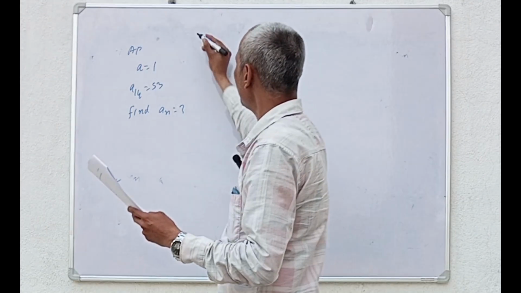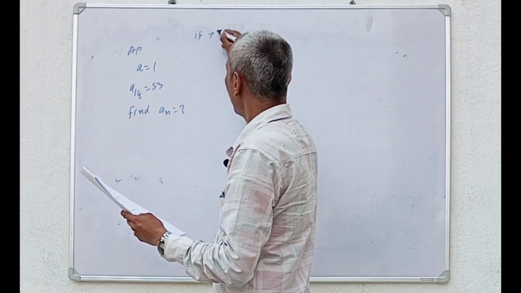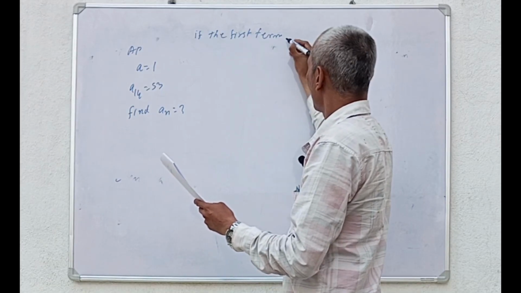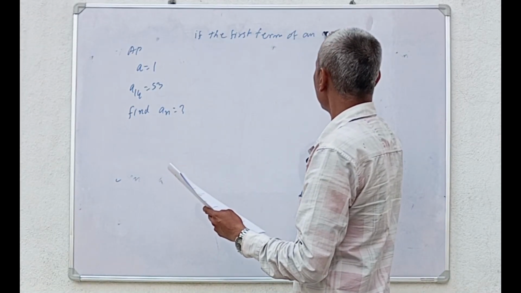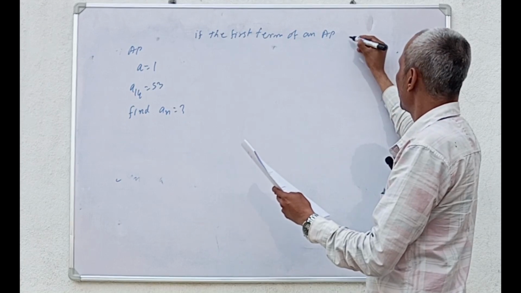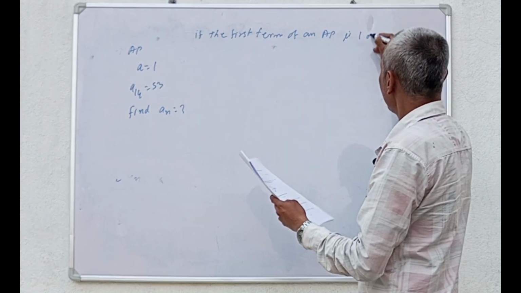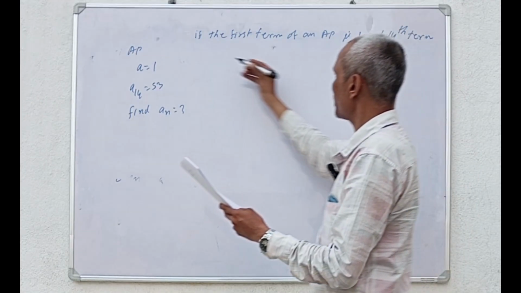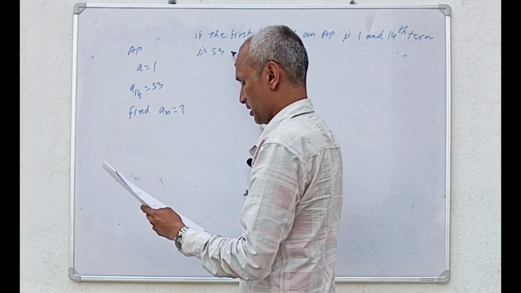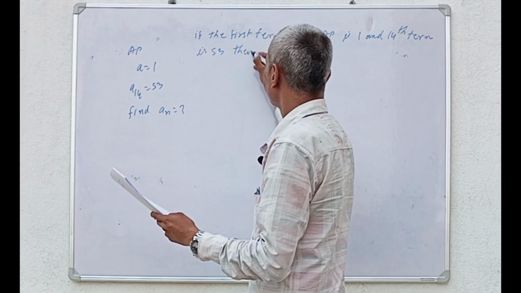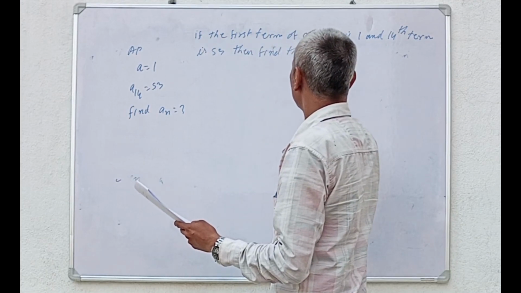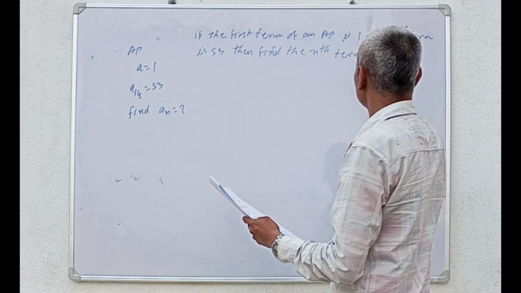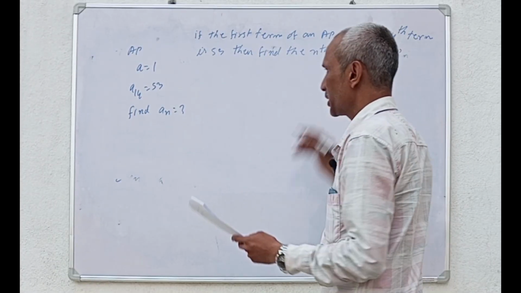Question writing: if the first term of an arithmetic progression, means AP, is 1 and 14th term is 53, then find the nth term in AP. Question given, these things given.